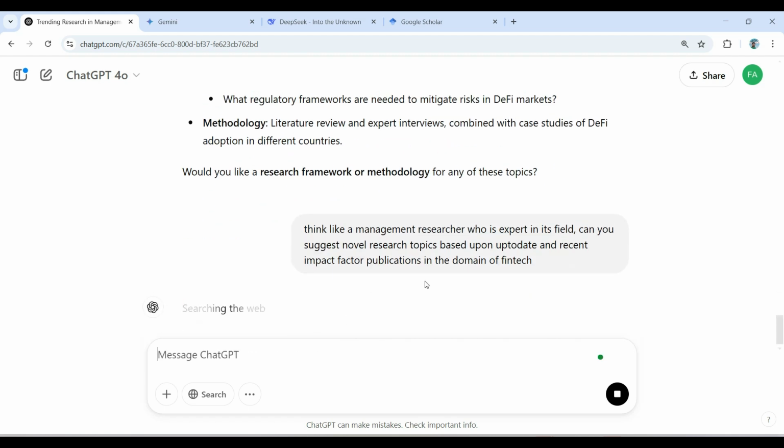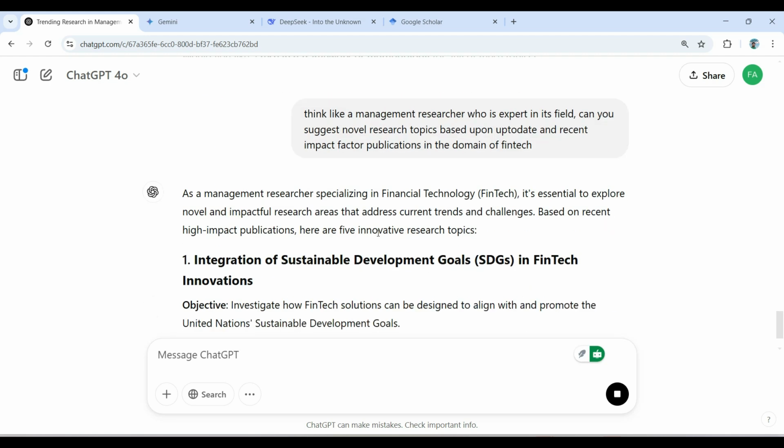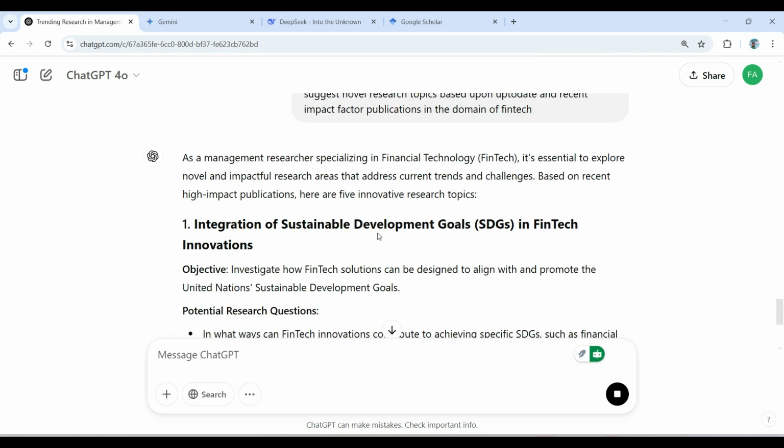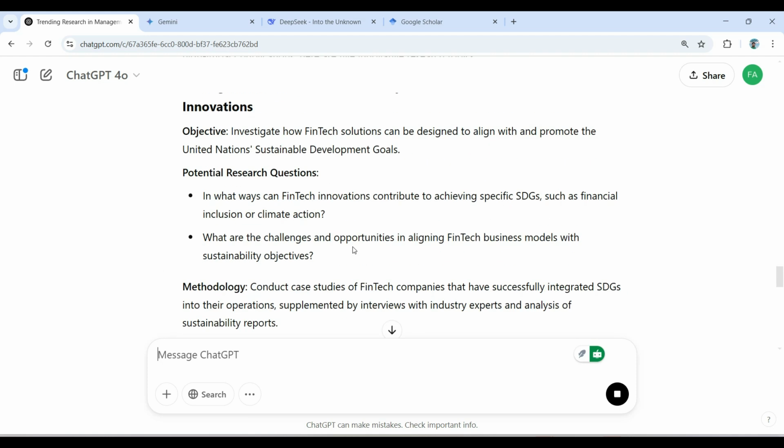If you have a bit of an idea of prompt engineering, you would know that we can always ask the generative tools to act as a role player, to become an expert of some field, and then we can ask them the question. So giving the context is very important.